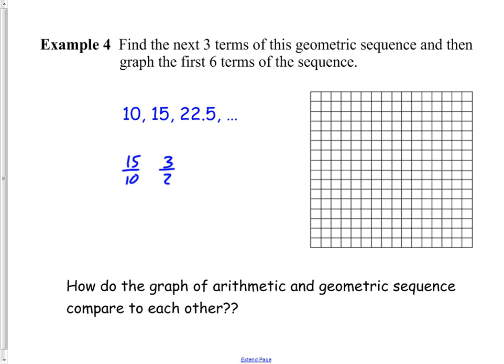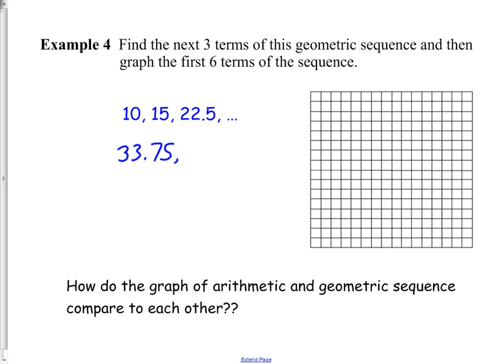So if I multiply 15 times 3/2, I'm going to get 22.5. If I take 22.5 and multiply by 3/2, I'll end up with 33.75. So I'm multiplying by 3/2. My next three terms would be 33.75.